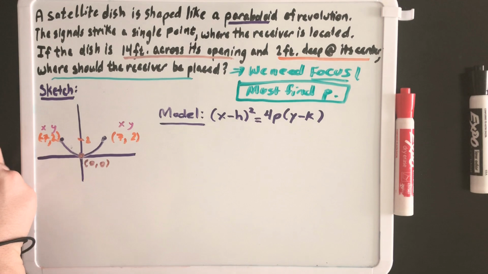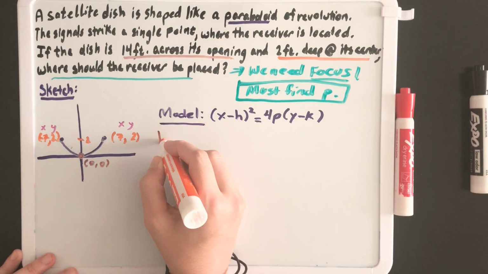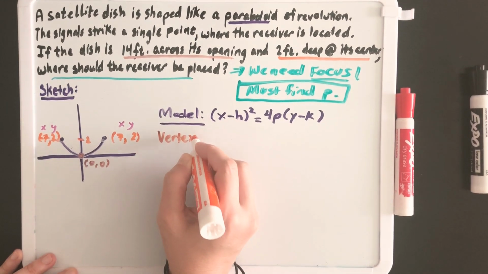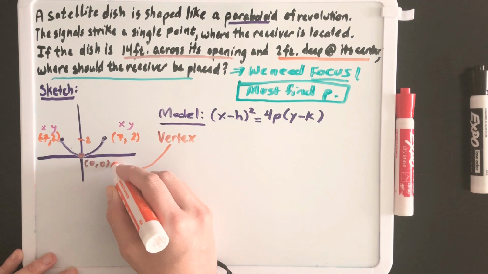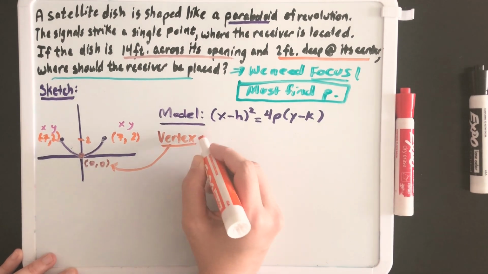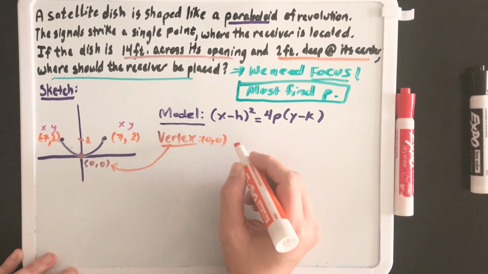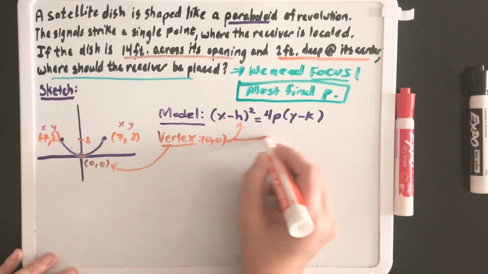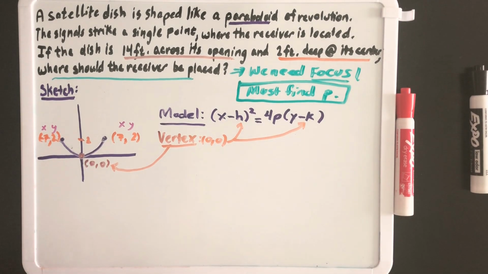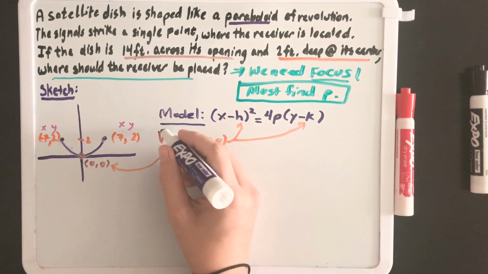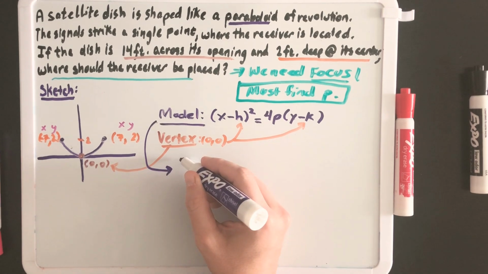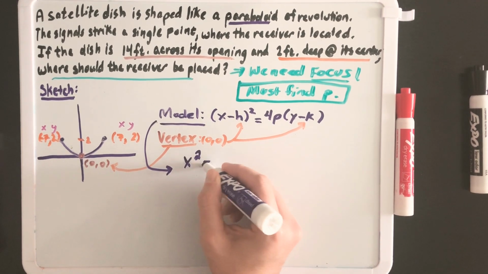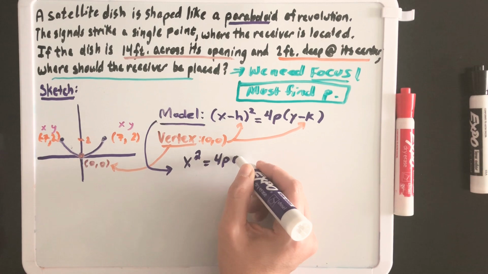So in this situation, my vertex, the way I oriented it, was at 0, 0, right? So if my vertex is 0, 0, that would mean that my model is even cuter. My model is x minus 0 squared equals 4p times y minus 0. In other words, my model simplifies to just x squared equals 4py.